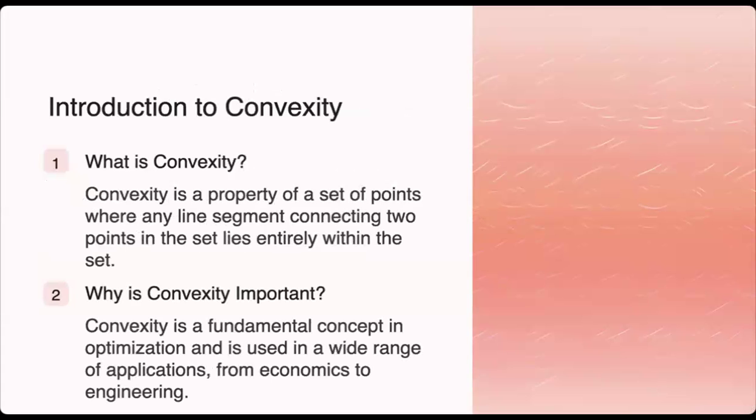Convexity is a property of a set of points. If you have one set, then you choose any 2 points in that set, and you draw a line between the 2 selected points. All the points on that line always belong to the original set.